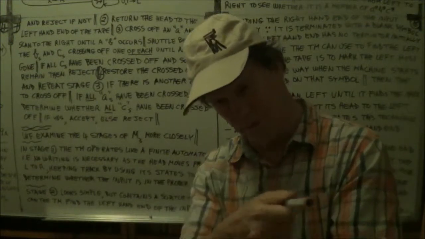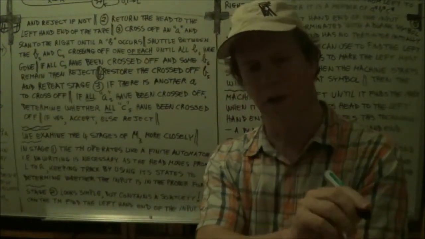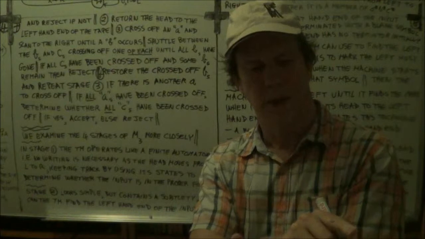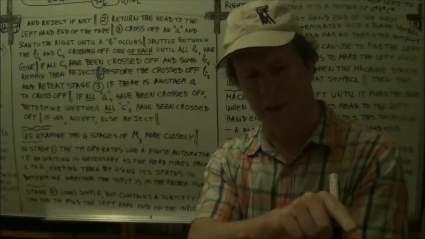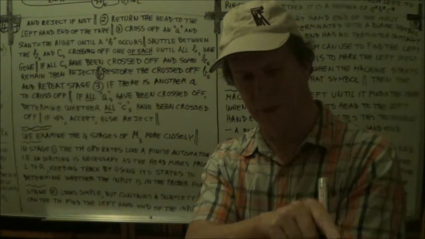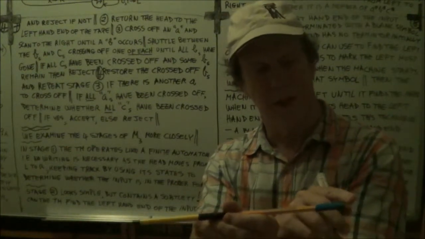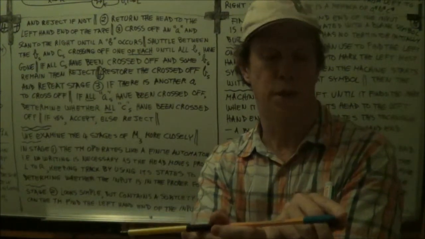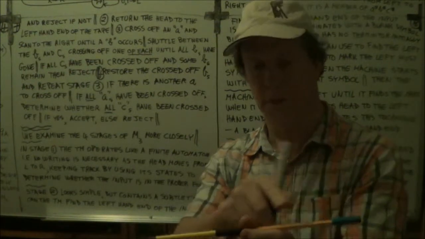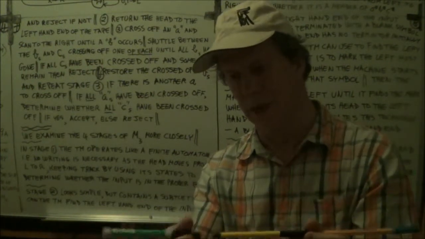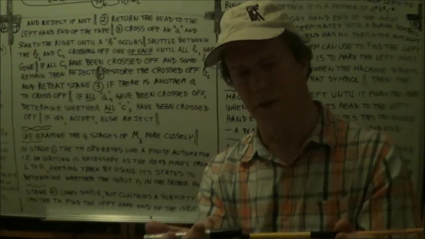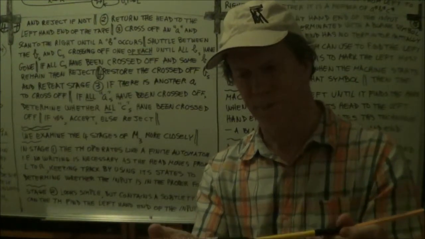If it's not, reject, otherwise okay. So you hit the end of your C's, you see your first blank, and then you head back to your start.